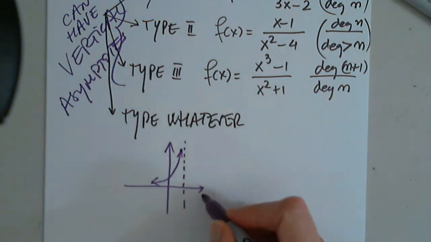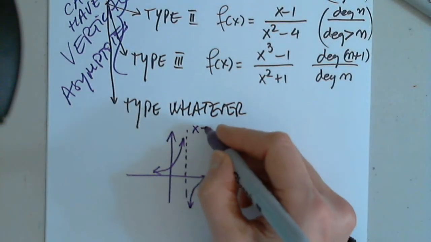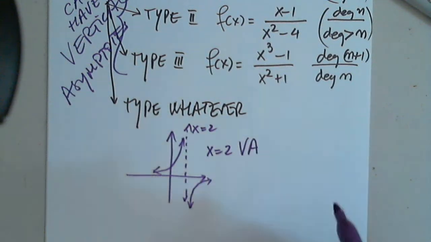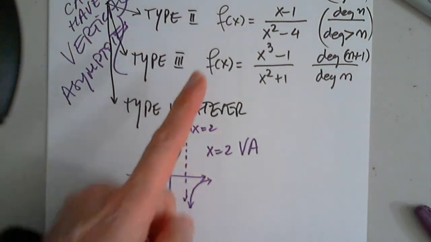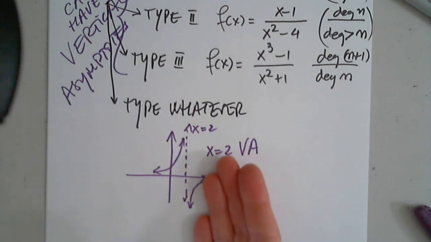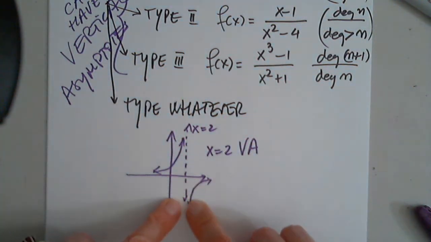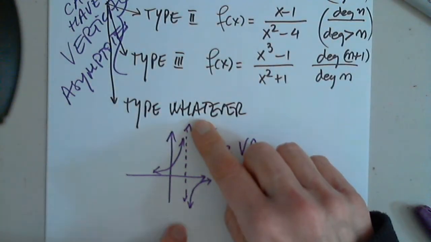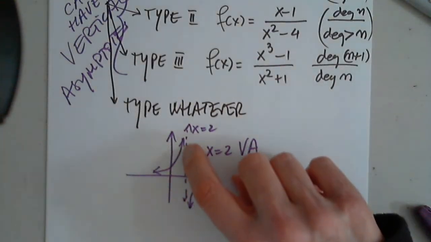Or we looked at a domain for a function like this. If this is x equals 2, I'll say x equals 2 is a vertical asymptote. What does it mean? The function approaches infinity to the left of it, or negative infinity to the right of it, or both sides this way, or both sides this way, or the other way. This one up here and this one down here. This is a vertical asymptote. The function does not exist at this point, period.